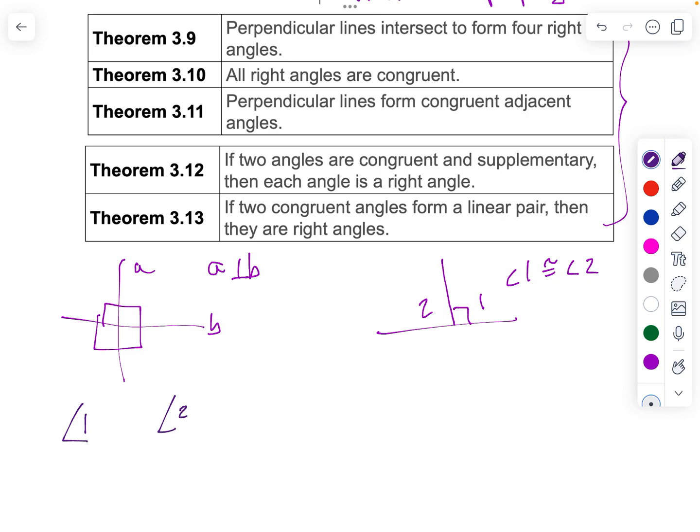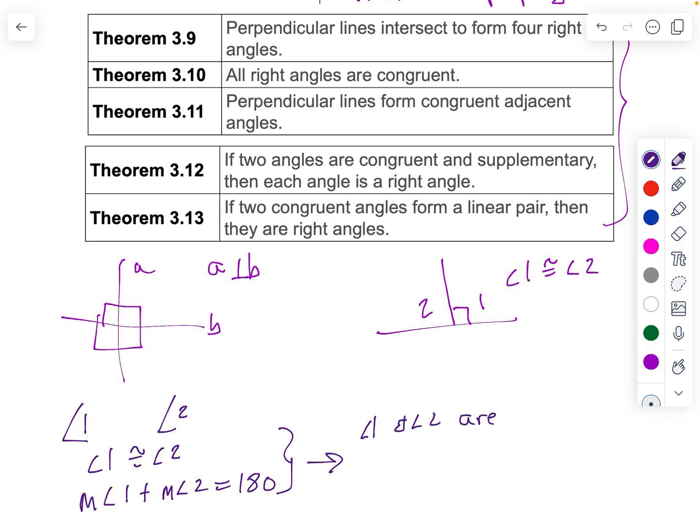If I know angle 1 is congruent to angle 2, and I know they add to 180, then what I can say is each of these is a right angle. So angle 1 and angle 2 are right angles. These are just reasons you can use in a proof.